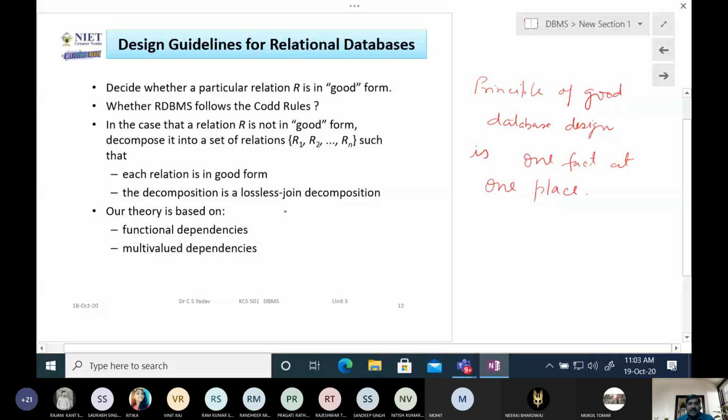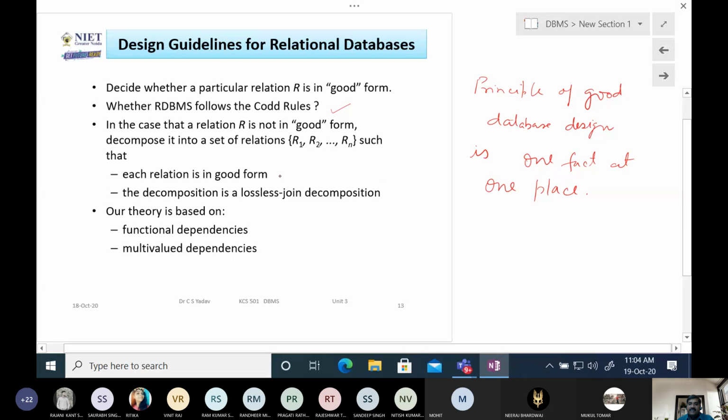So here we decide whether a particular relation is in good form, whether the RDBMS follows Codd's rules. As you all already know, E.F. Codd is the father of relational database management, and he gave 12 rules. And if you have a good database design, then that database should follow all the 12 Codd's rules. In case a relation R is not in good form, then we decompose it into a set of various smaller, simpler and well-structured relations.